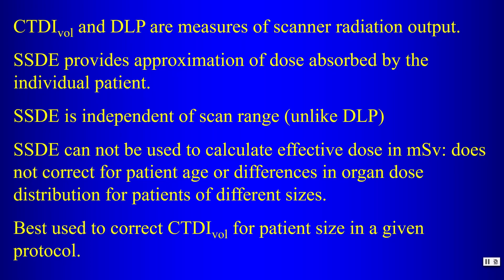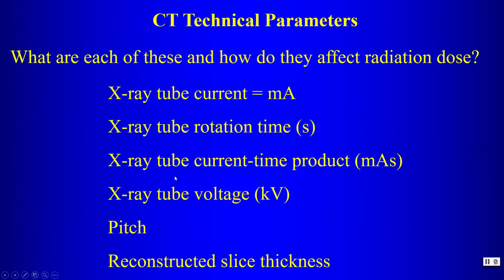Remember that calculating the effective dose can be very difficult. This does not correct for patient age or differences in organ dose distribution for patients of different size. So it is best used to correct the CTDIvol for patient size in a given protocol. It is best thought of as a way to see how these different protocols affect the doses that the general population might receive, depending on the particular size of the patients that you're thinking about.